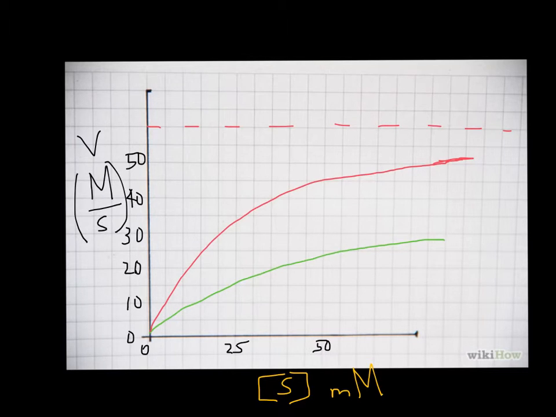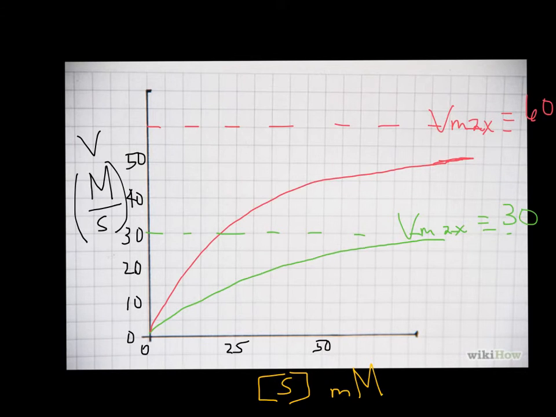If you could go on for eternity, we'd say it approaches 60. And that would be 60 molar per second. Whereas this lighter colored one, let's say that, given eternity, it would go to about 30. So its Vmax is equal to about 30 molar per second.